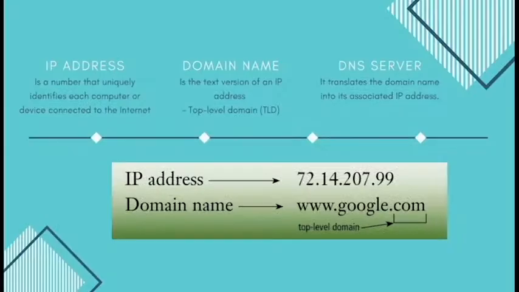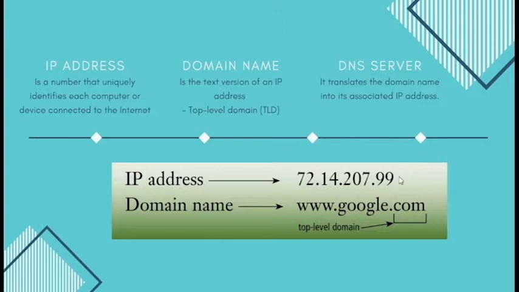Okay. Next, we have some terminologies here. We have the IP address. We're also familiar with this, no? It's a number that uniquely identifies each computer or device connected to the internet.